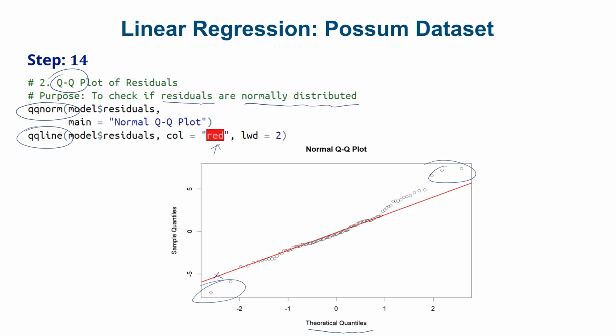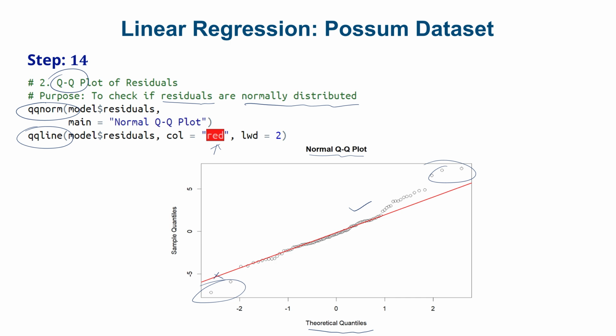In our case, the QQ plot shows that most residuals closely follow the red line with only minor deviations at the extremes. This indicates that our residuals are approximately normally distributed.